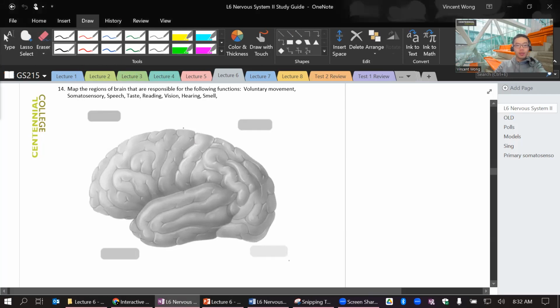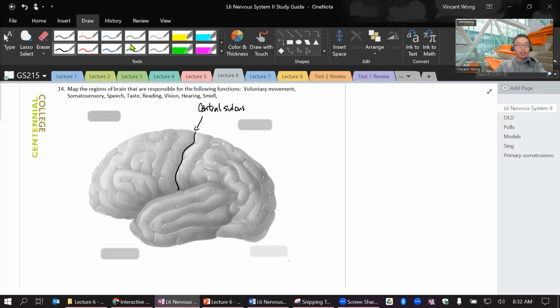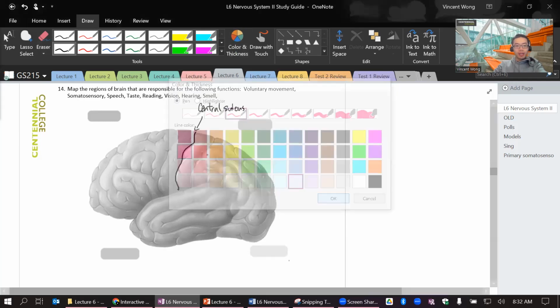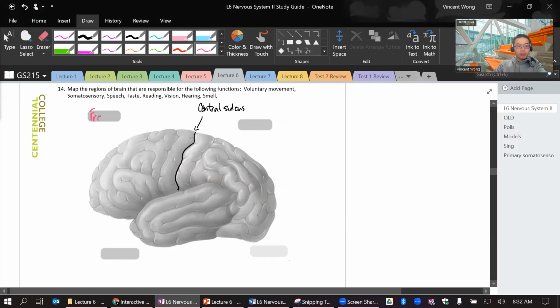And some of the key features that we talked about include, for example, this central sulcus, which divides the frontal lobe from the parietal lobe, right? So over here, we're just going to go ahead and label that frontal lobe.